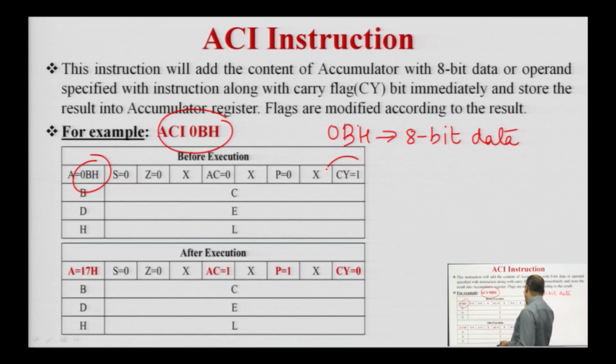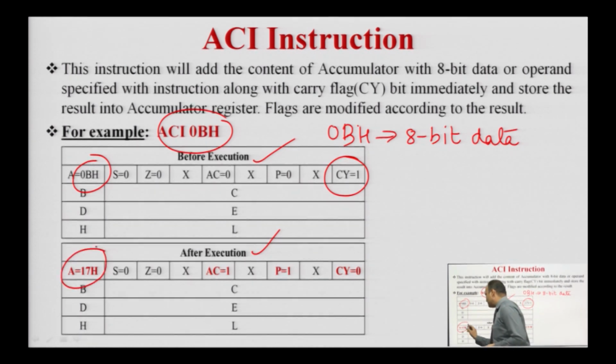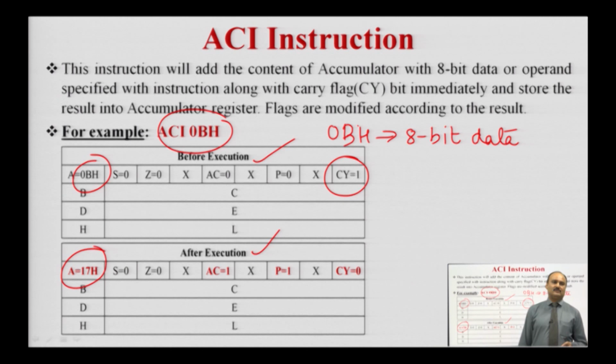The carry flag is set before the execution of the ACI 0BH instruction. After the execution of this instruction, the content of the accumulator becomes 17H, or we can say that the result of this addition is 17H.